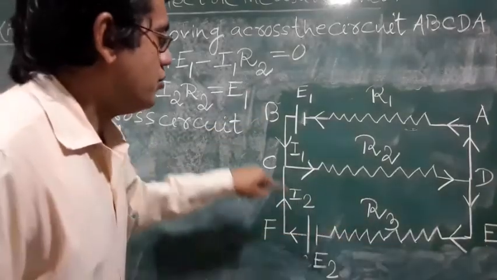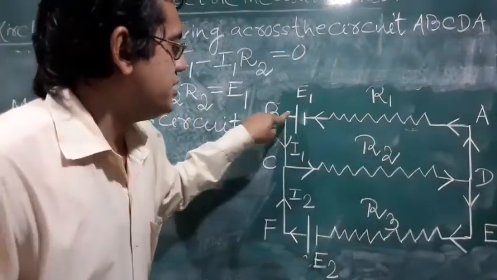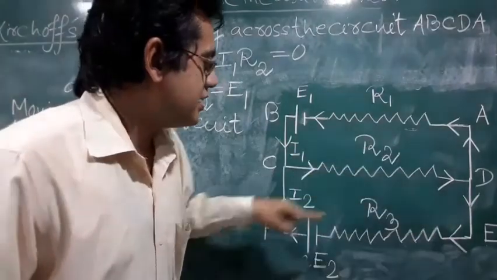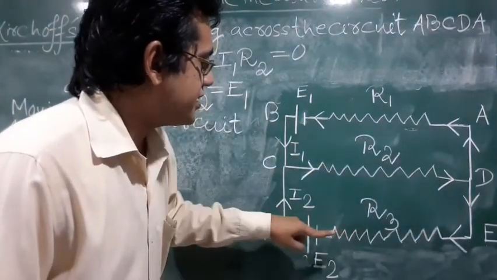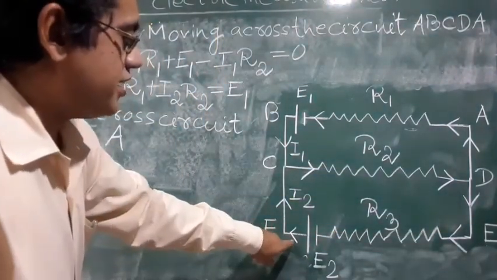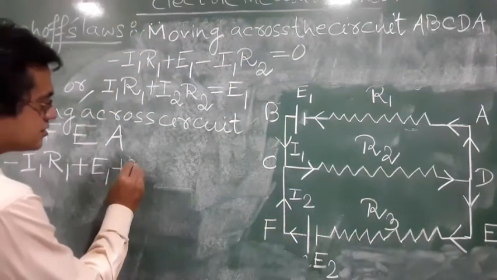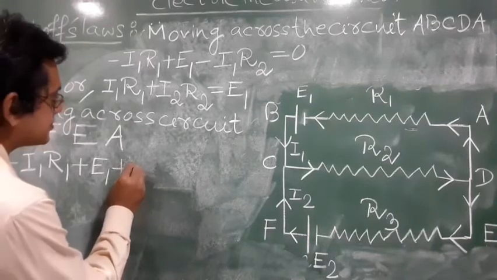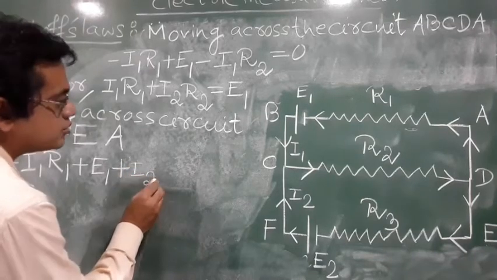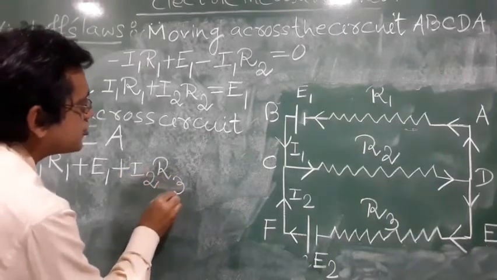Now I am moving like this, A, B, F, E, A. That means now I am moving against the direction of the current. See the direction of the arrow. So it will be positive, plus I2 R3.